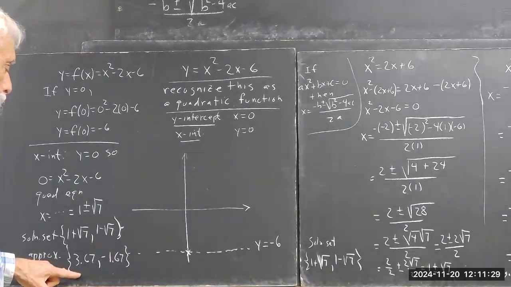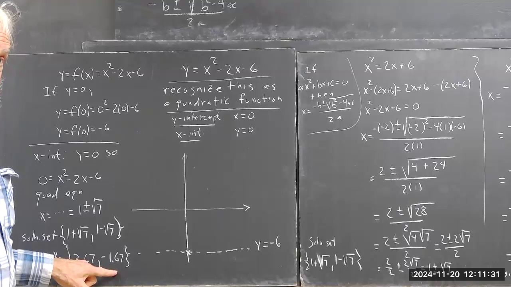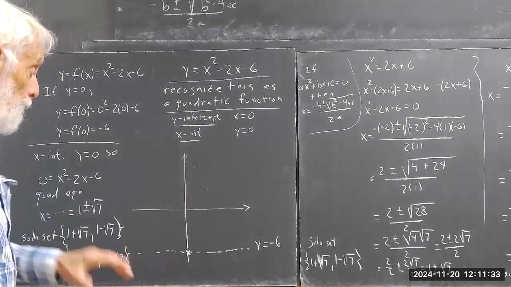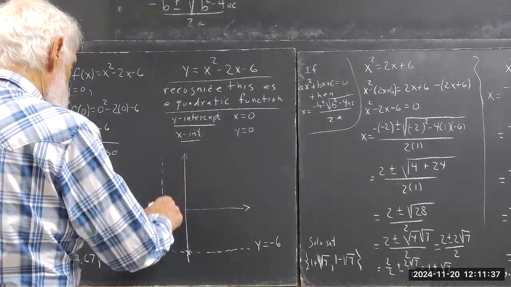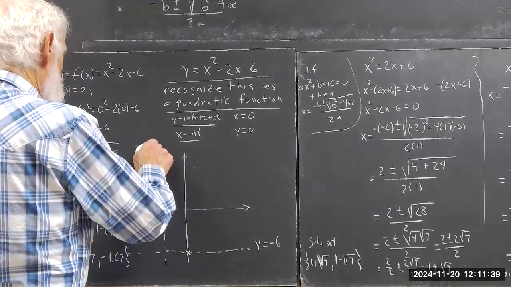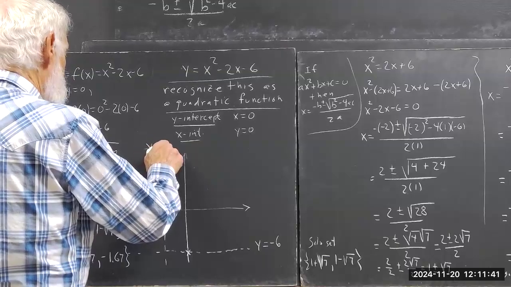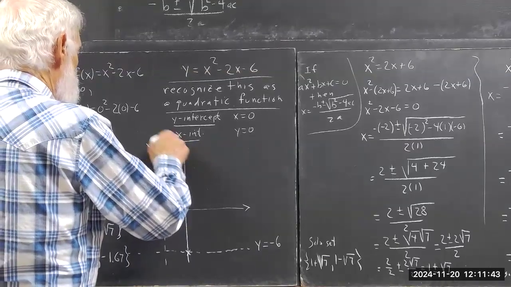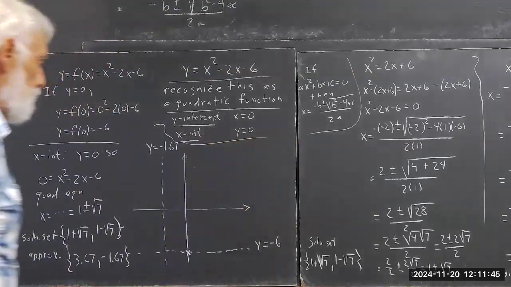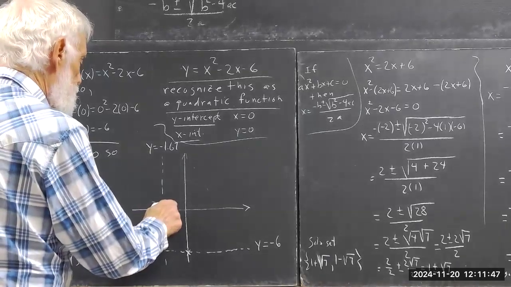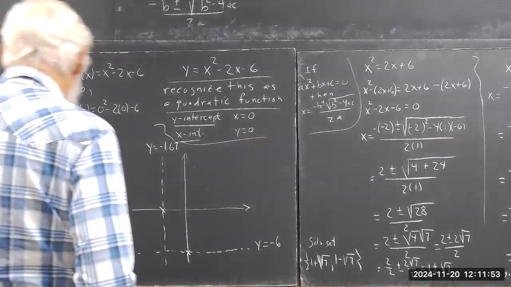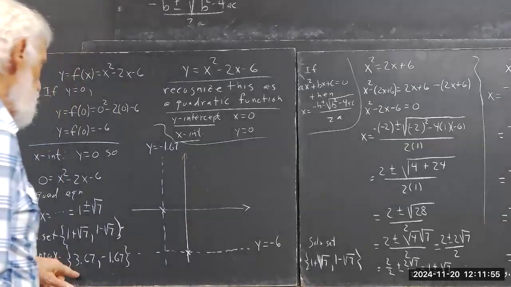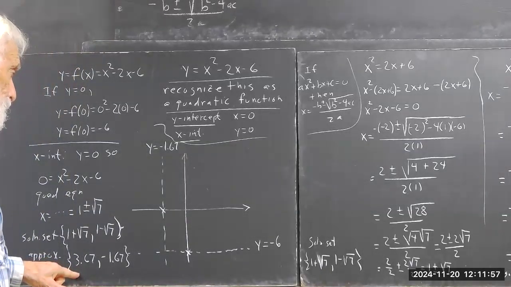This number is going to be a little more than twice this number. This is going to be twice as far from the y-axis as this number. So what I mean by that is, I'm going to say here, x equals negative 1.67 here. Fair enough? And then I'm going to say x equals 3.67.